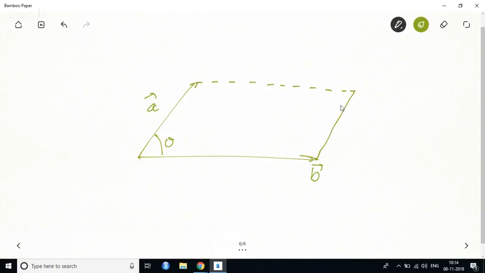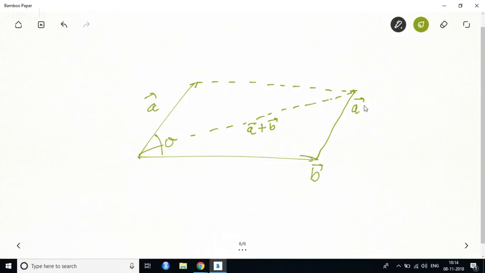I'm proving this formula. This was my vector B, this was my vector A, and this was theta. I made a parallelogram by drawing a line parallel to B and a line parallel to A. The diagonal gives me the resultant of vectors A and B. So this diagonal would be equal to vector A plus vector B.